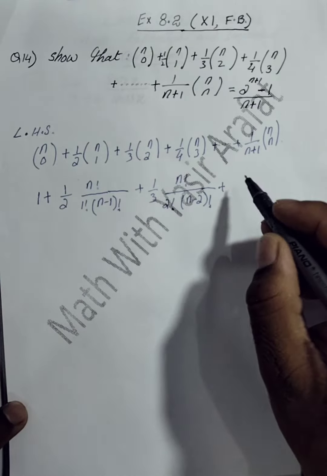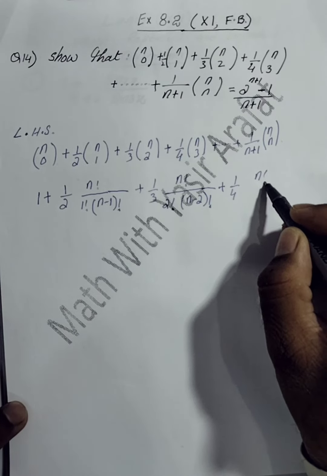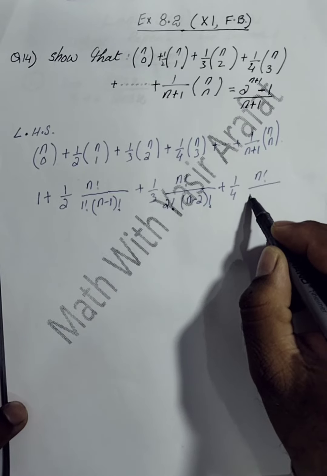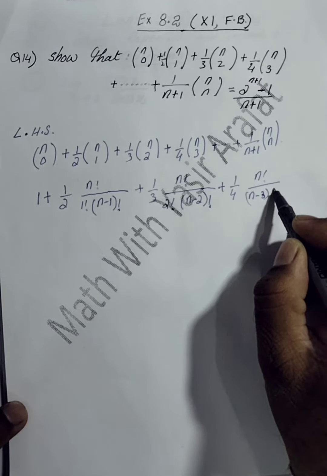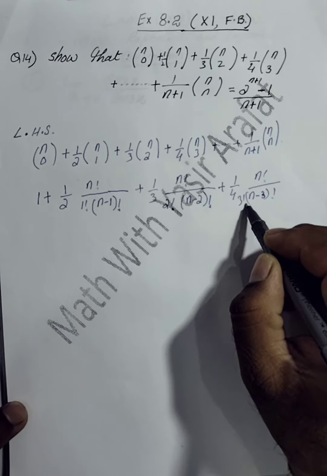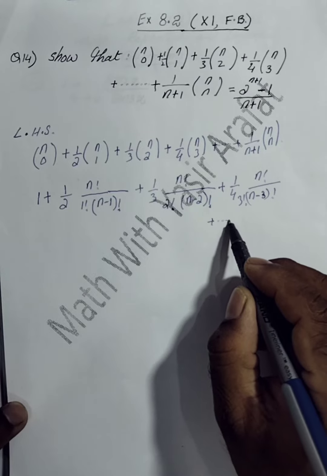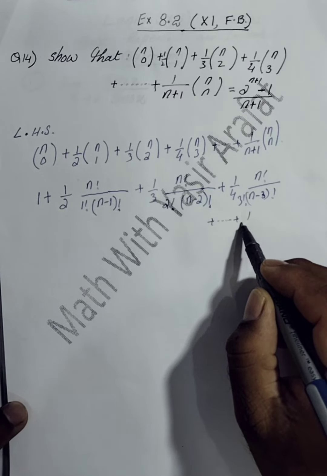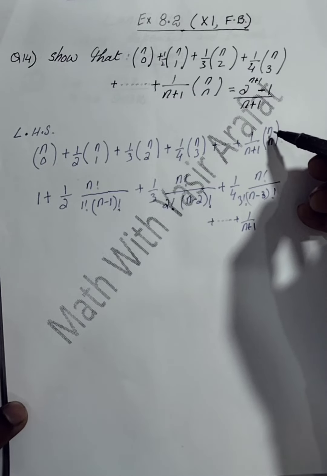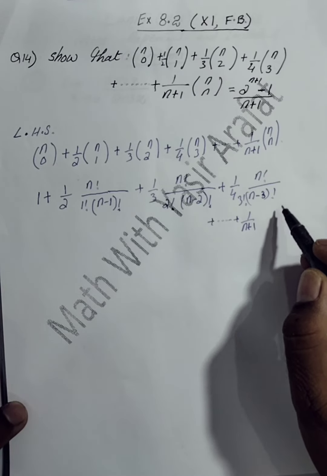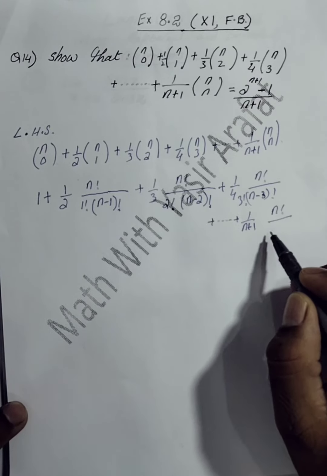Now come to this next factor, 1 upon 4, again n factorial divided by 3 factorial and n minus 3 factorial, and so on, plus, and then nCn will be equal to 1, or we can verify here also as well.